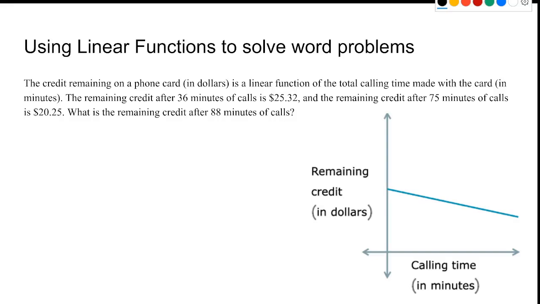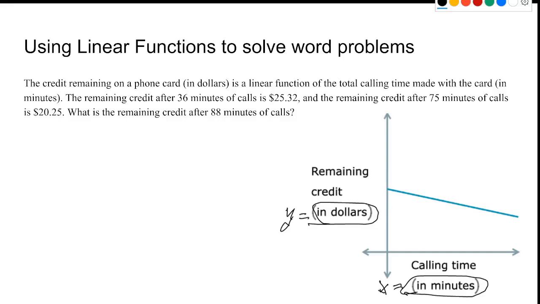And again, we're going to look at how to find the equation of this line that we're being given. Again, the graph helps us in telling us what the x values are, the units. So x is going to be in minutes. It tells us the units on the y, so that's going to be in dollars. And it helps us set this problem up.